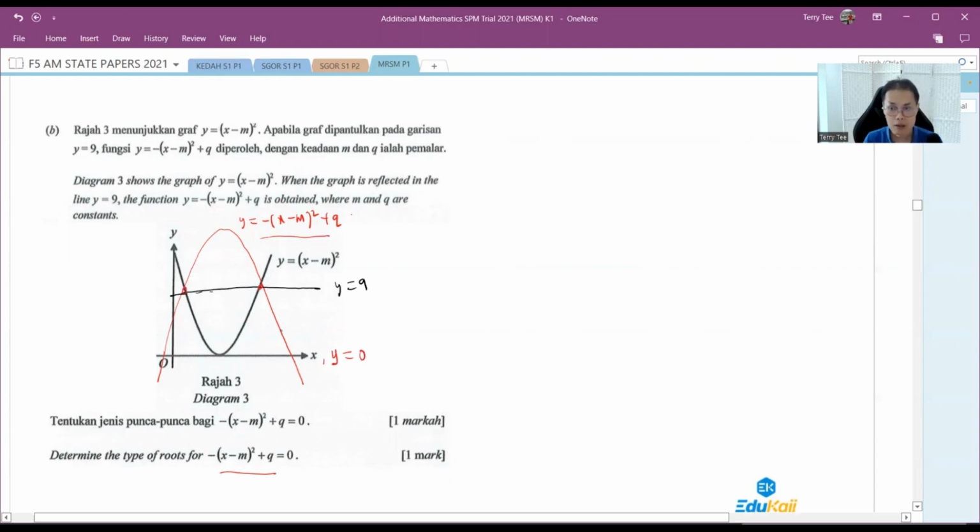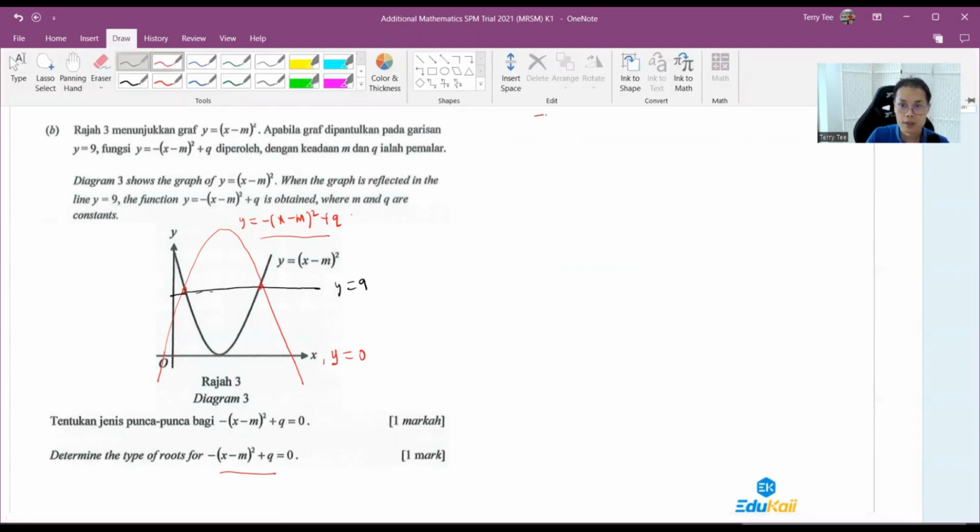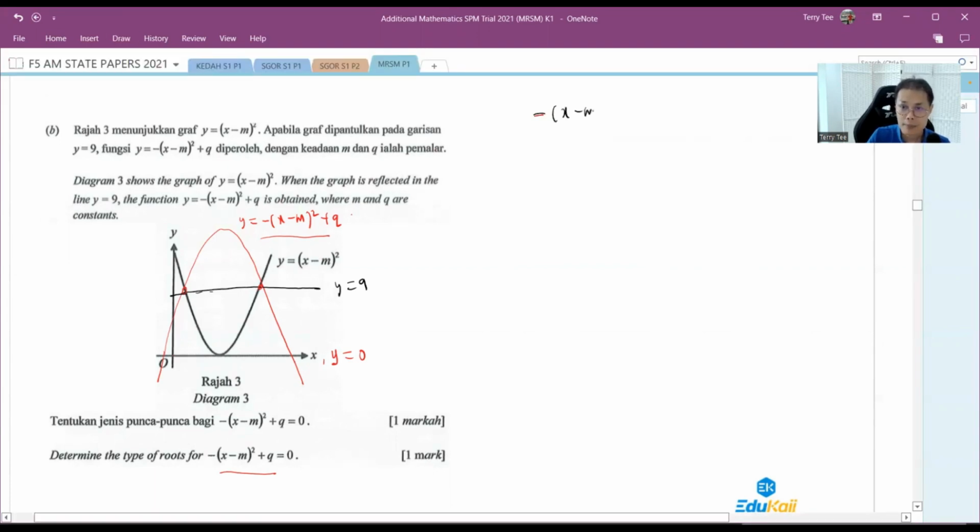The number of solutions to this equation, negative (x minus m) squared plus q equals 0, is the number of intersections. So from the graph, you can see there are two intersections here. So your number of solutions is two.